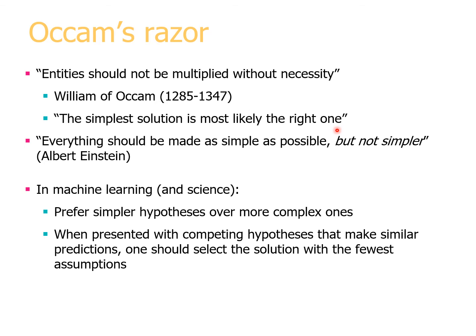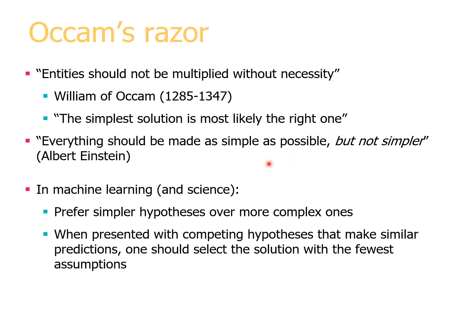So, for example, in machine learning, you have multiple machine learning algorithms, and let's say each of these shows pretty much similar performance. Then you go with the simplest algorithm, the simplest model. Then probably that simplest model is the best in the future.